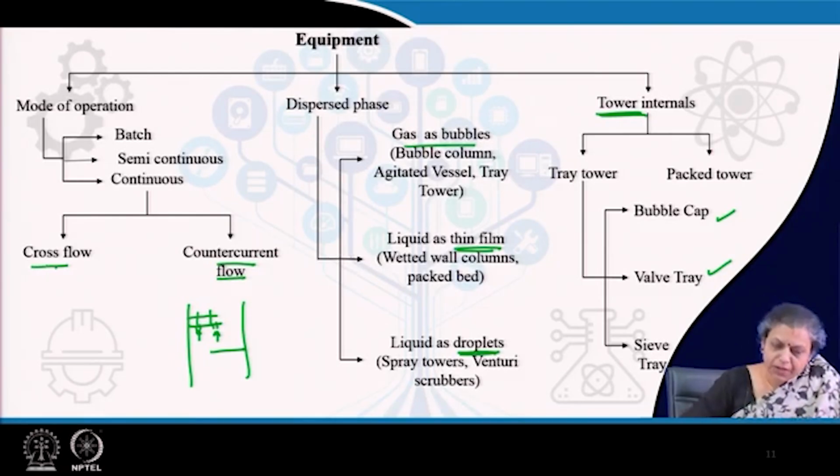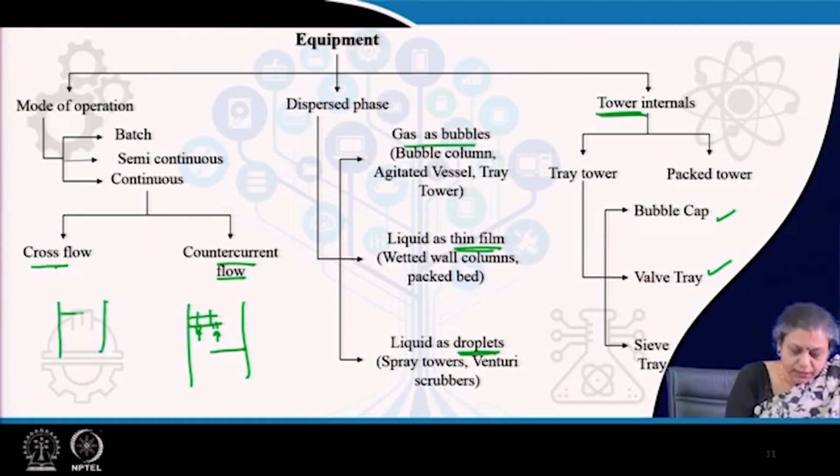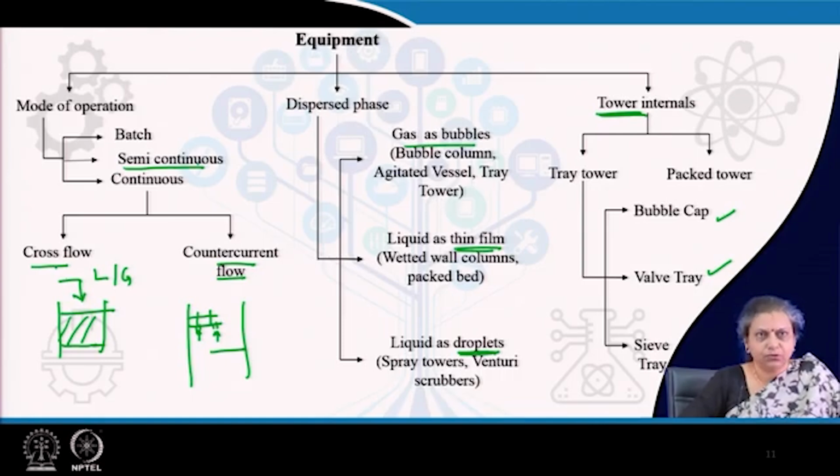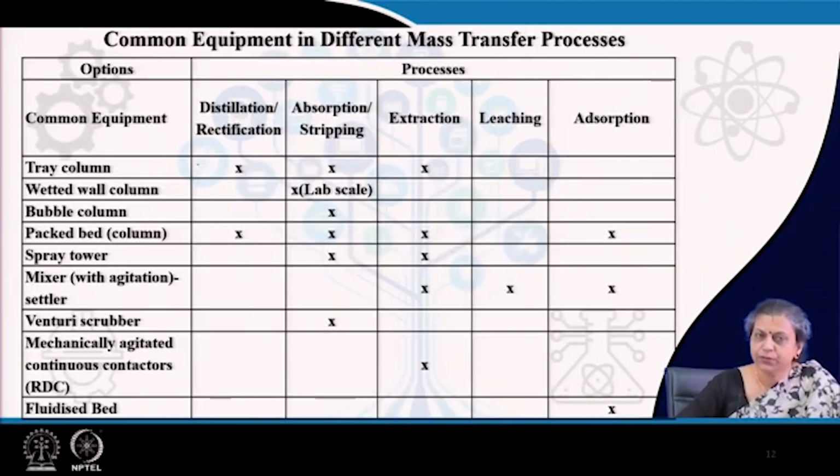When we have one phase as the solid phase, often the solid is kept as a bed within the tower and either the gas phase or the liquid phase is made to flow through it, under which condition we say that the process is semi-continuous. So, when we opt for which process, they have already been discussed in the introductory lecture, so I will not be going through this.